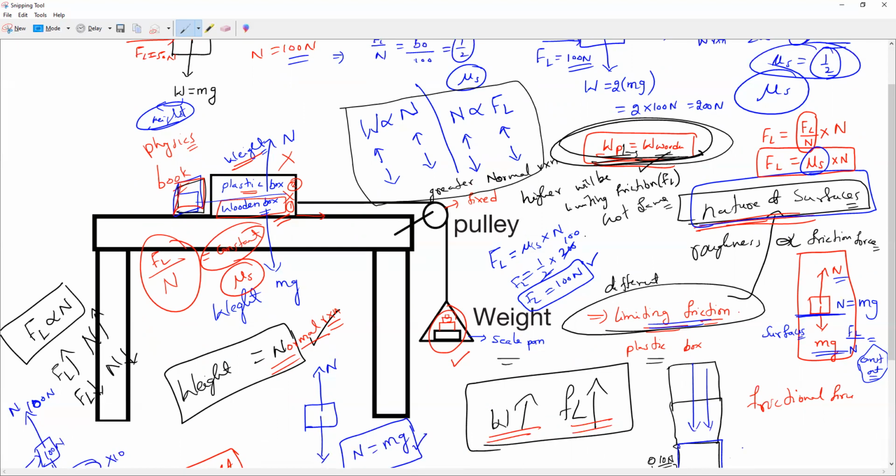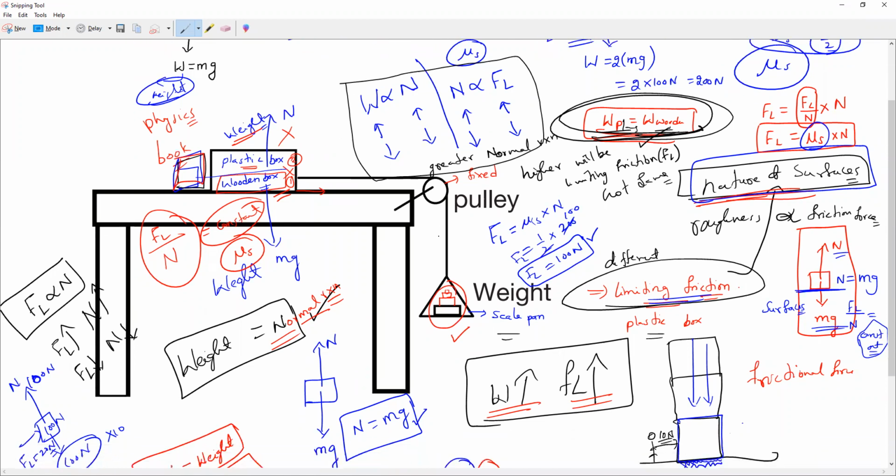I already know the coefficient of friction, and I will ask you to calculate the limiting friction. They will give you the constant, the coefficient of static friction, in the question. Your duty is to find either normal reaction or limiting friction.